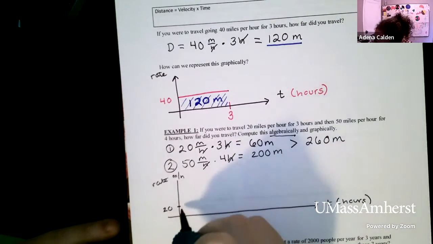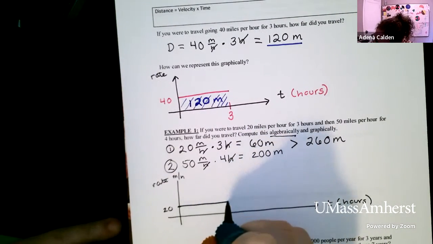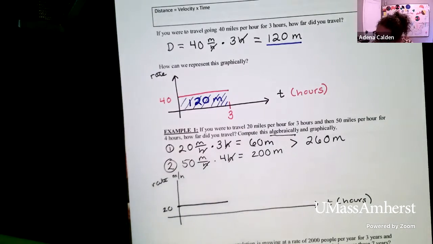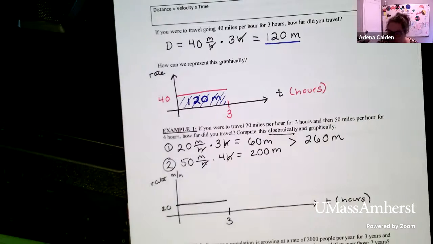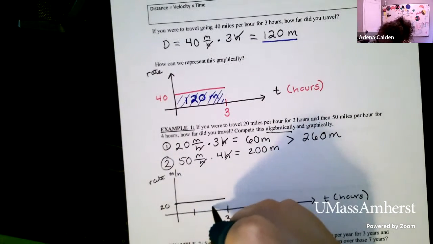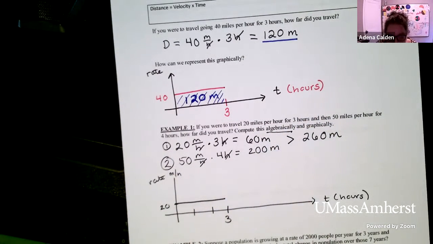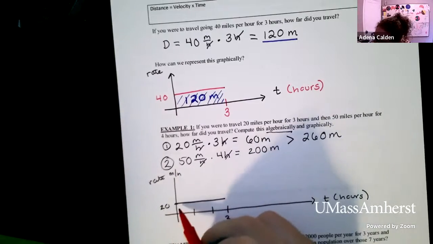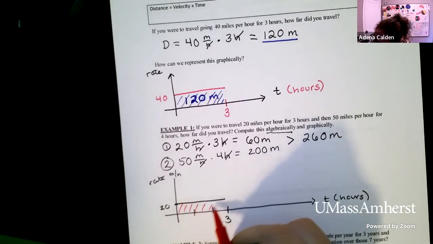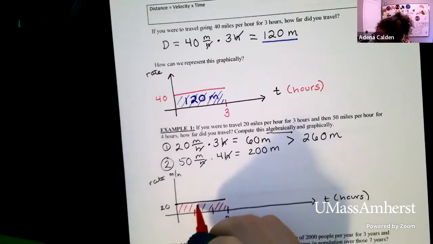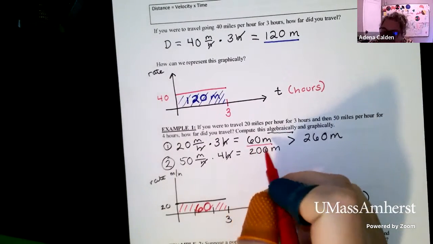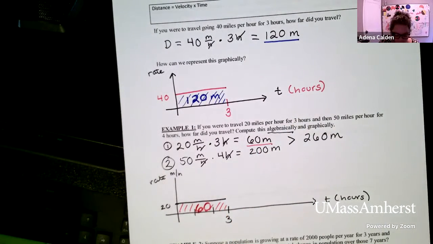So the first leg of the trip is 3 hours long, right? So let's say that that is 3 hours, right? Something like that. So 1, 2, 3 hours long. So the area underneath this line here is 20 times 3, which gives us this 60 miles. That's the first leg of the trip, okay?